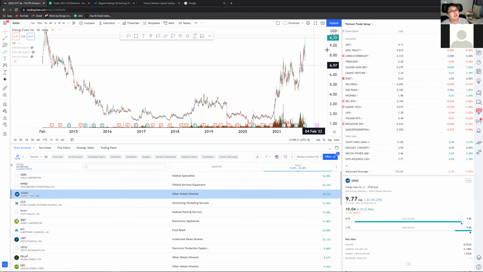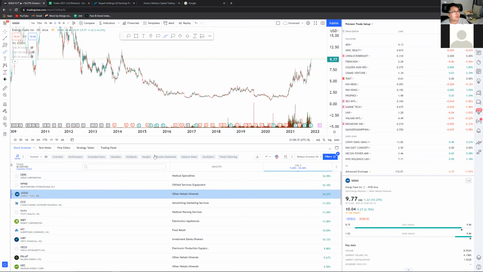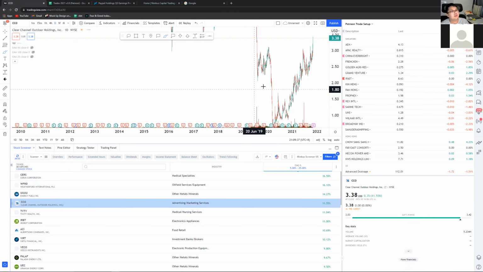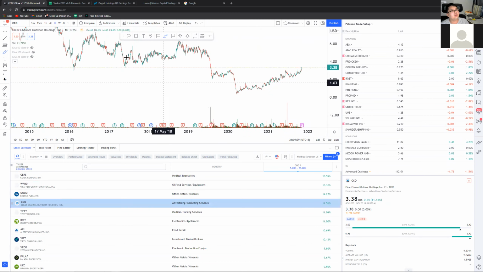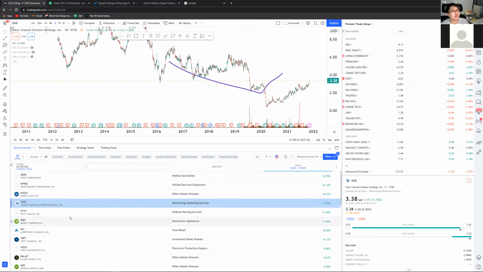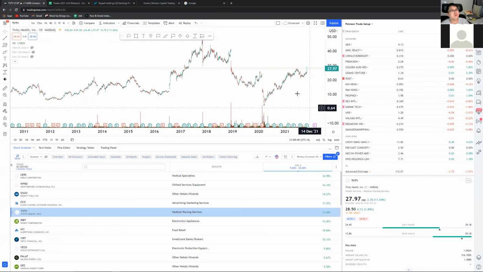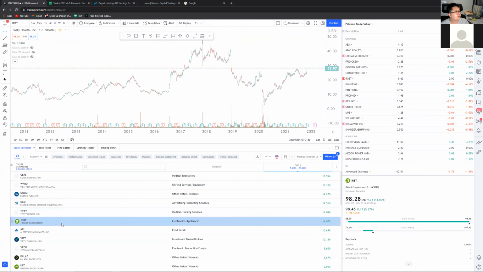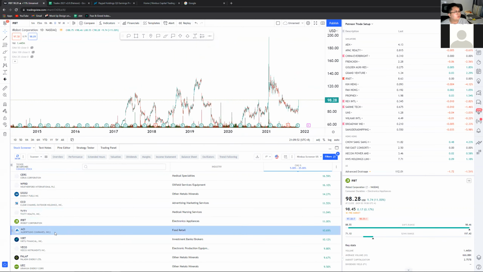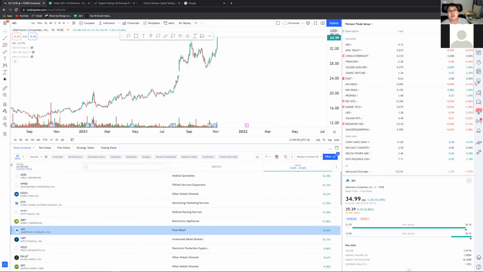This one somewhat okay, so maybe this one can KIV. This one not really, the trend is not good. Just by the trend alone, I am filtering out a lot already. This one also no. iRobot, no, definitely no. Albertson. Is this the one that we're going to SL?